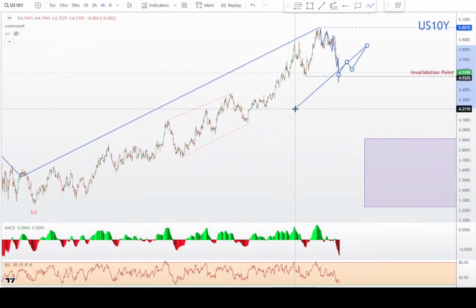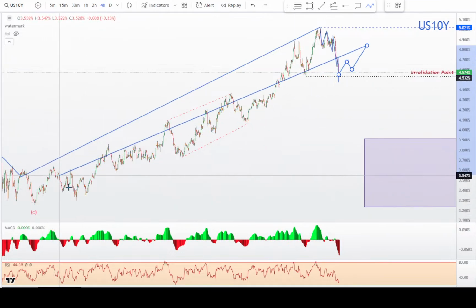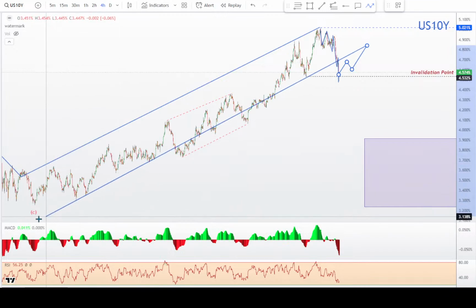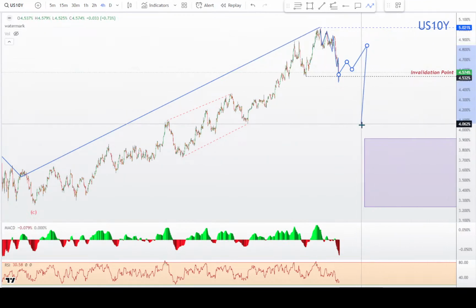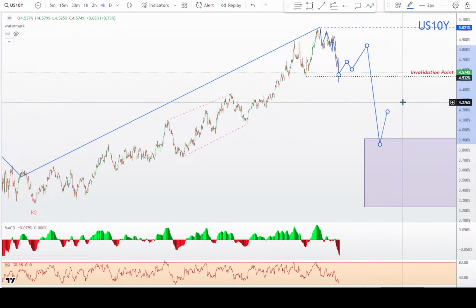Unless they're really extending this thing. Unless this is like 1, 2, and this was 1, 2. I had this as a leading diagonal up. But I don't imagine that the 10-year is going to break its top. I think it's correcting down. So that's what I see on the 10-year.